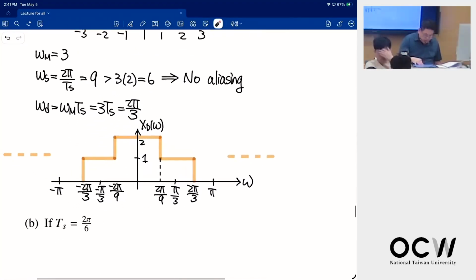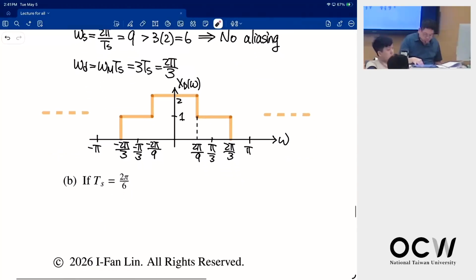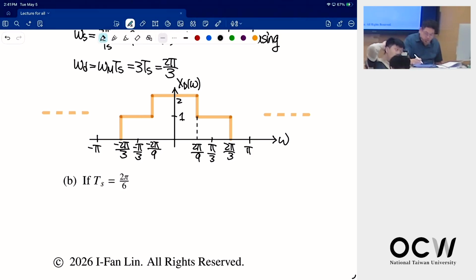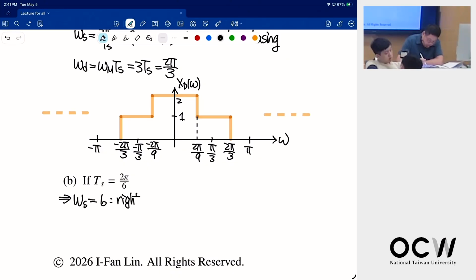Next one, if the sampling period is 2π over 6. Now, first we need to check if this sampling rate is greater than the Nyquist rate or not. So, omega s is 6. That is just the Nyquist rate.